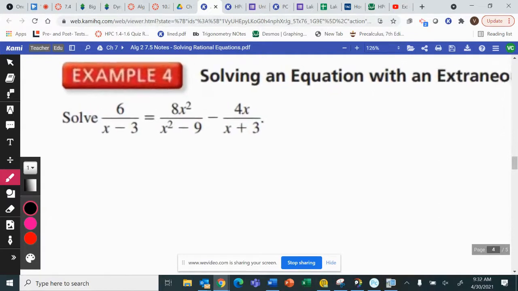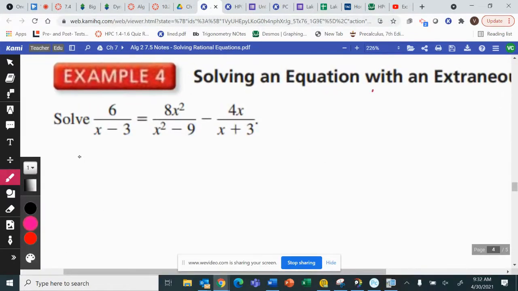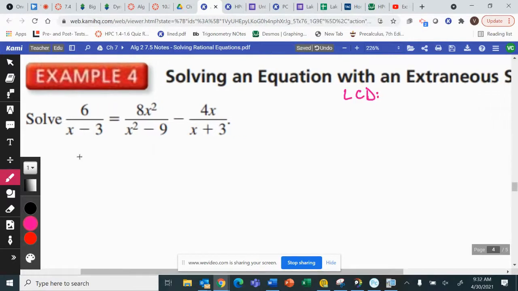All right, so example 4, first thing we're going to do is find a lowest common denominator. Our denominators are x plus 3, x plus 3, x minus 3, and then x squared minus 9. If I factor x squared minus 9, I get x plus 3, x minus 3.